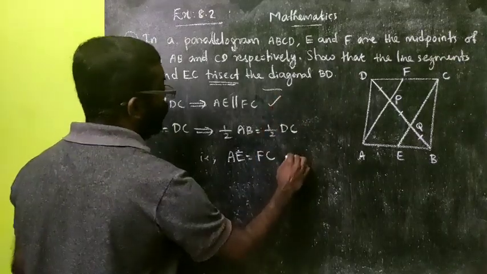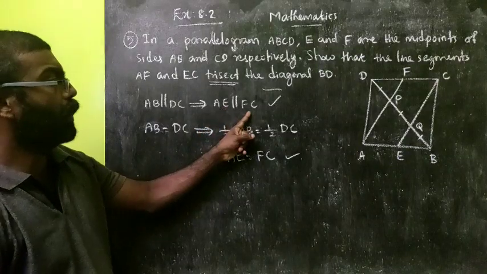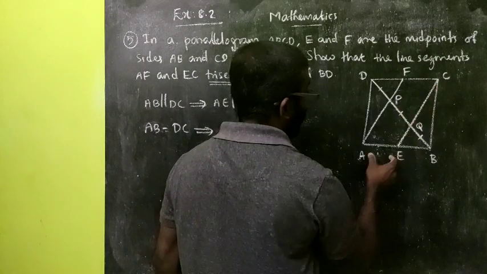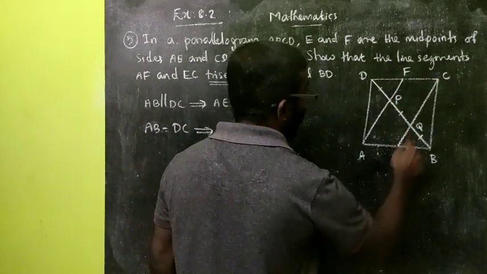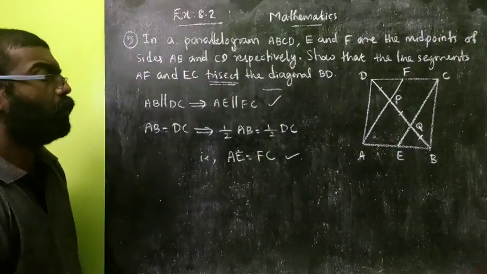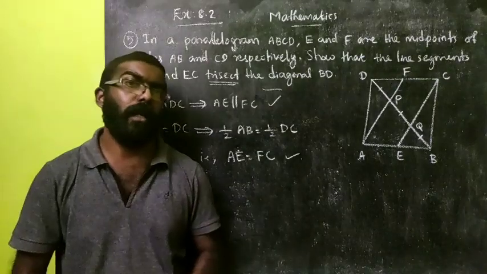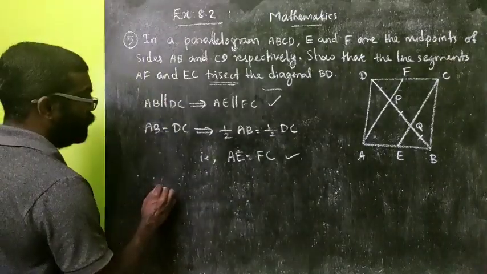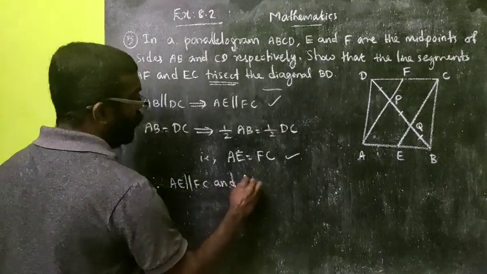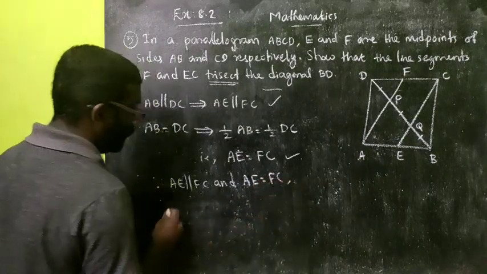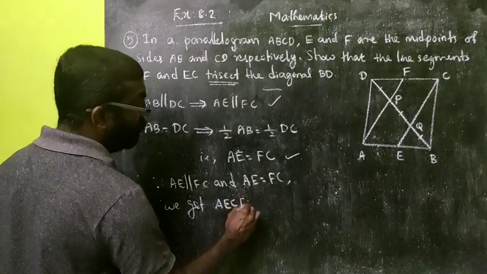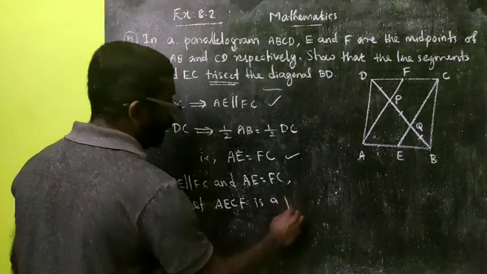Now we can combine these two steps. AE parallel to FC and AE equal to FC. So AECF is a parallelogram, since one pair of opposite sides are parallel and equal.